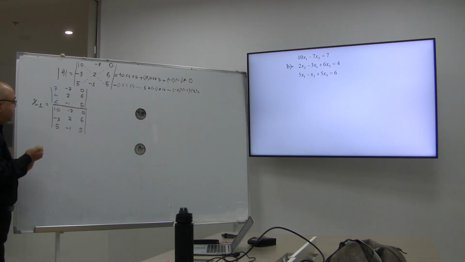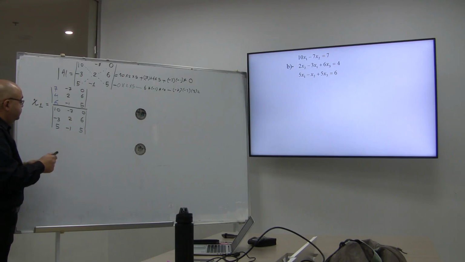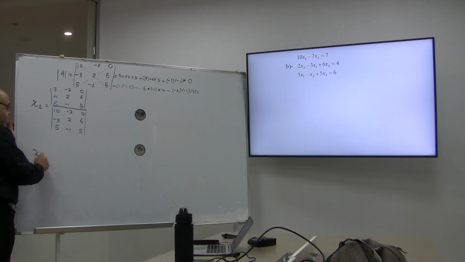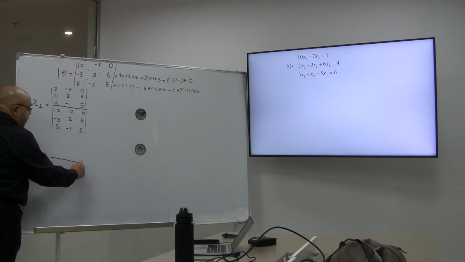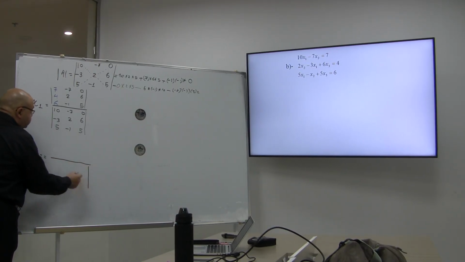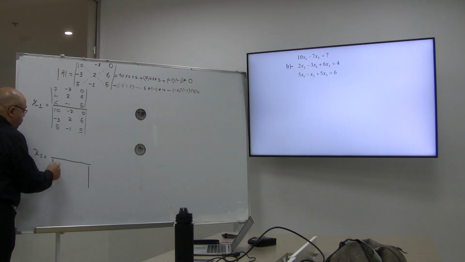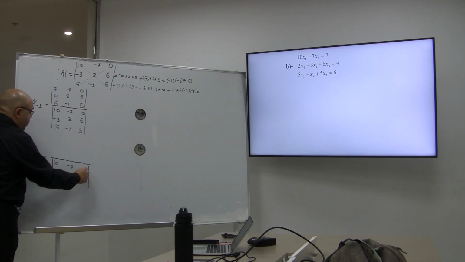If I want to get the second value, x2, it is also really very simple. x2 is going to equal the same denominator, which is 10, negative 3, 5; negative 7, 2, negative 1; 0, 6, 5.